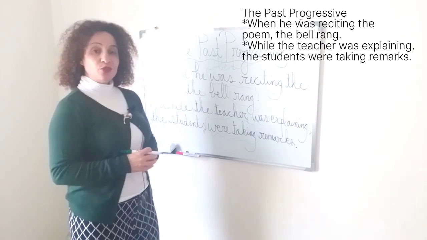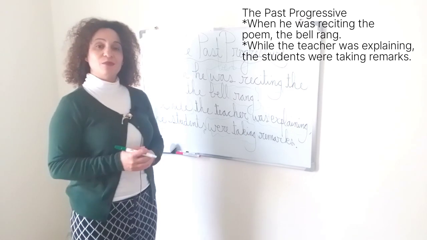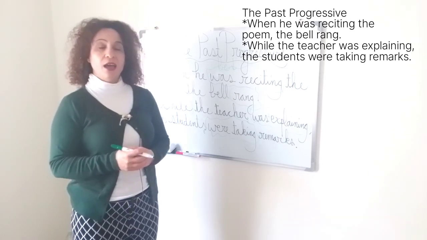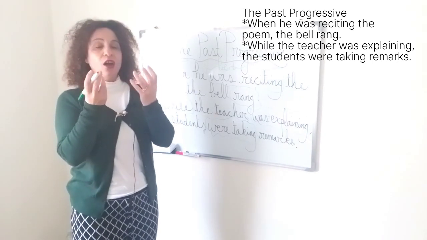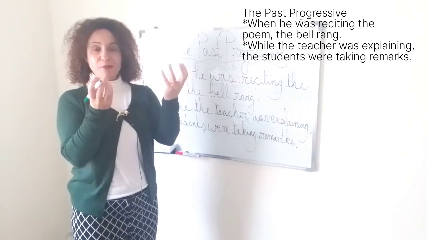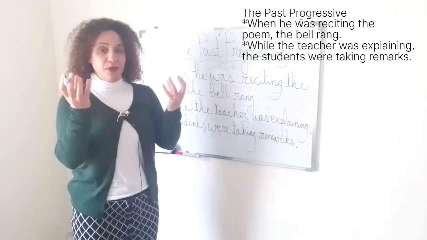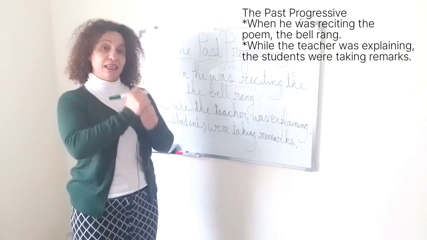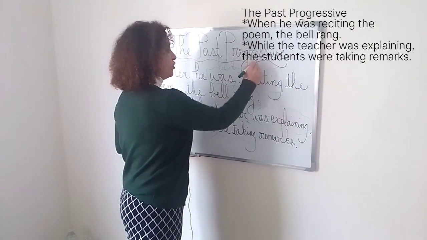Fine. How to change the verb into the negative when it comes to the past progressive? Again, we said the form is a sort of a combination of two items. I have be in the past, I have the present participle of the verb. Simply, in order to make it negative, I can add not in the middle of the form.